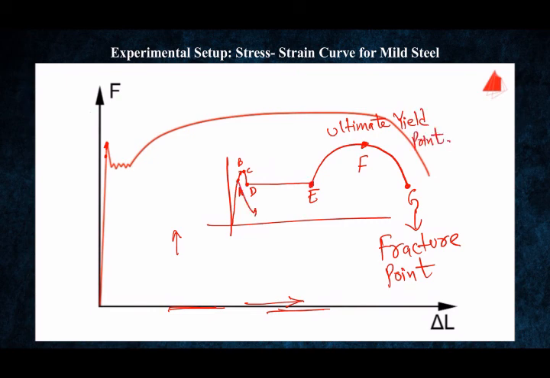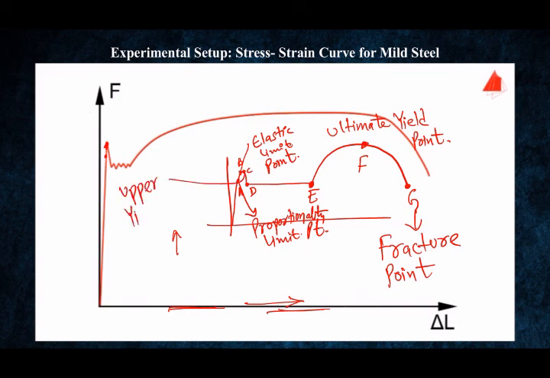and this we call the proportionality limit point. This point B is called the elastic limit point. C is called the upper yield point, and D is called the lower yield point.